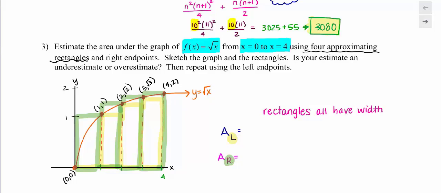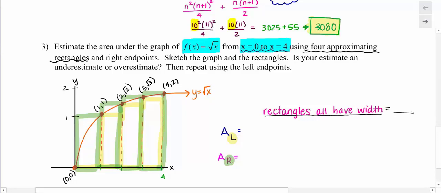And first it's asking me to do right endpoints. So I need to know how to draw these rectangles and how wide to make all of these rectangles. And it is important to note that if you're putting in 4 approximating rectangles, you want all the rectangles to have the same width.